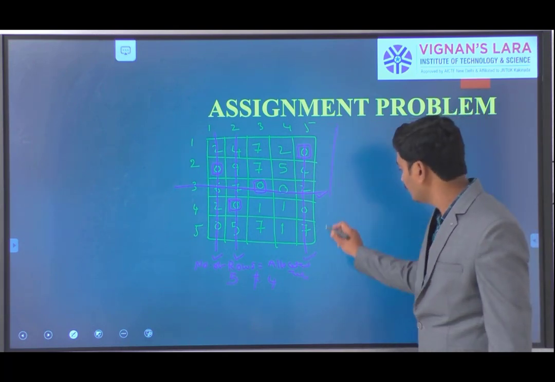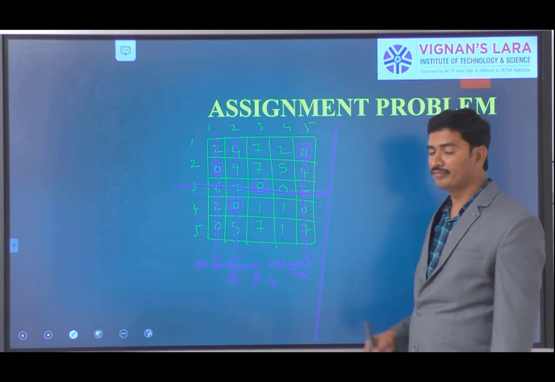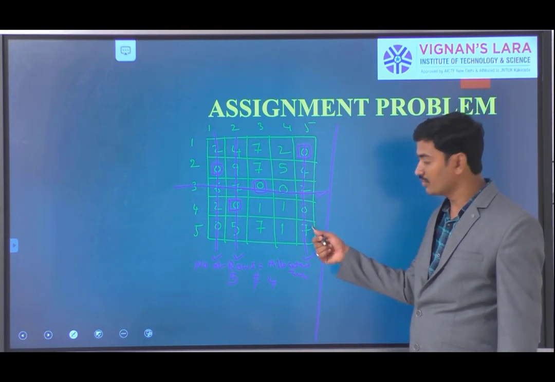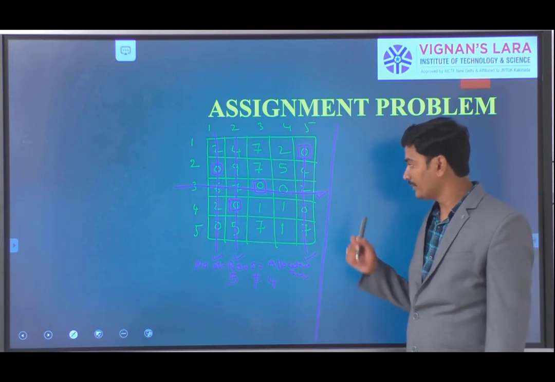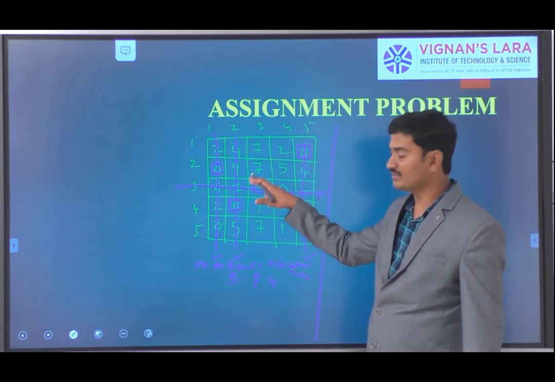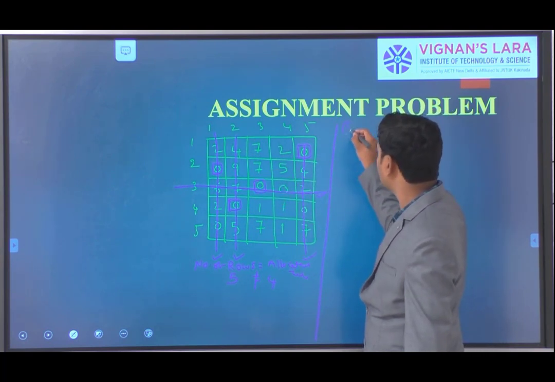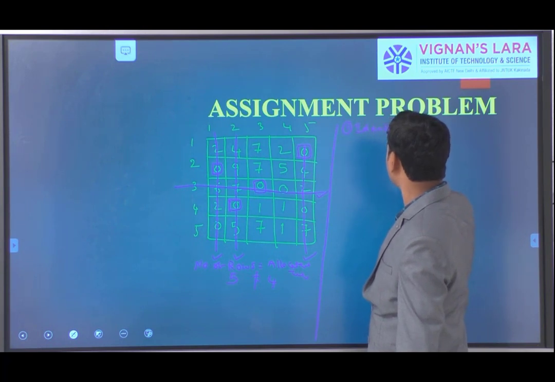We are going to resolve that degeneracy with the help of ticked rows and ticked columns. First, in this matrix, we have to identify the minimum value.